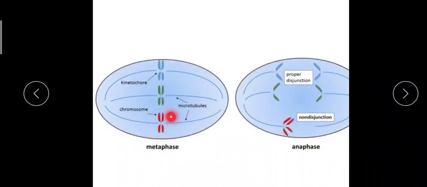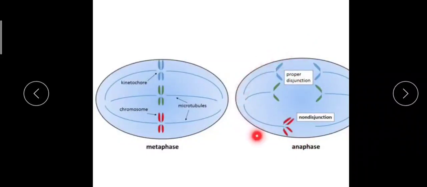But see this red colored chromosome here. Its sister chromatids are not being separated. The whole chromosome is being pushed towards one pole and the other pole does not have any representative there. So when this cell divides to form two daughter cells after cytokinesis, what happens?